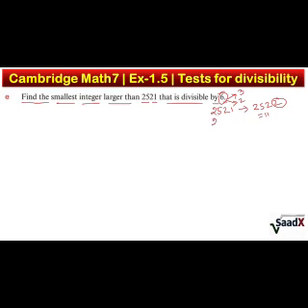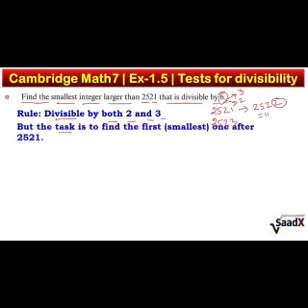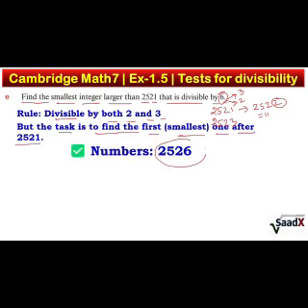So next one we need 2523. In this way you have to find the number which can be divisible by 6, but the smallest one. It must be divisible by both 2 and 3, and the task is to find the first smallest one after 2521, which is 2526.